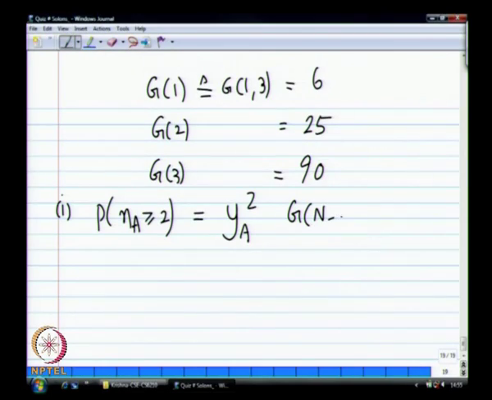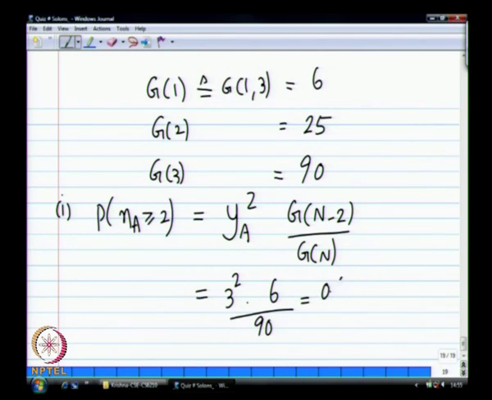So this is YA squared G of n minus 2 over G of n. So this is 3 squared, n is 3, therefore this is 6 by 6. So that is how you get the probability of 2 or more jobs in QA.